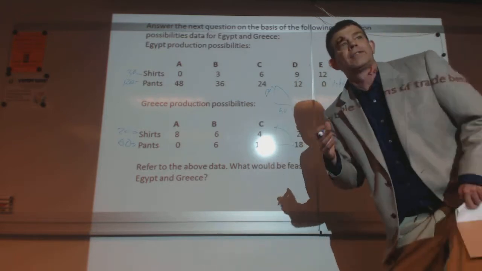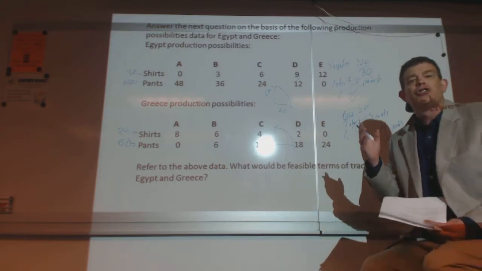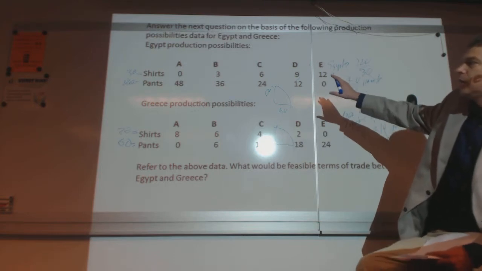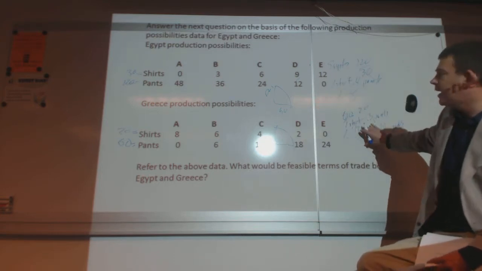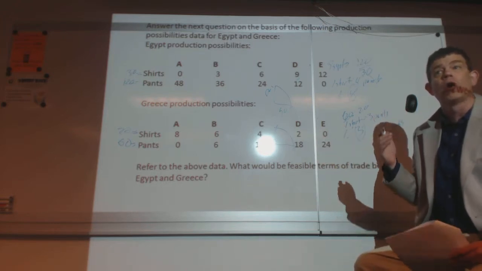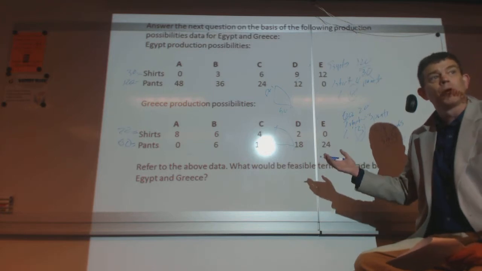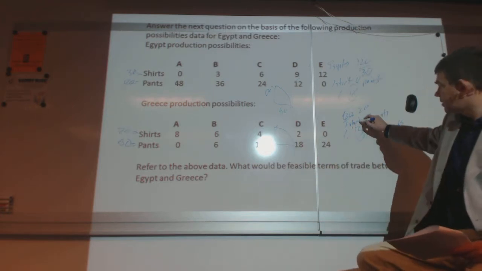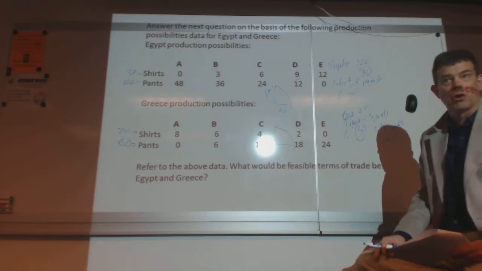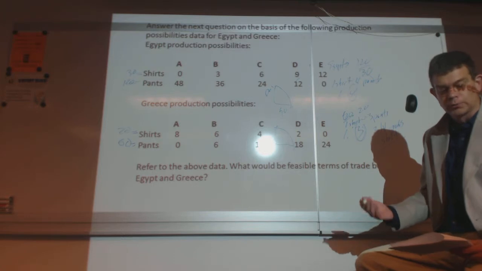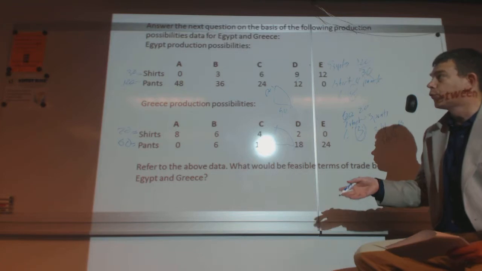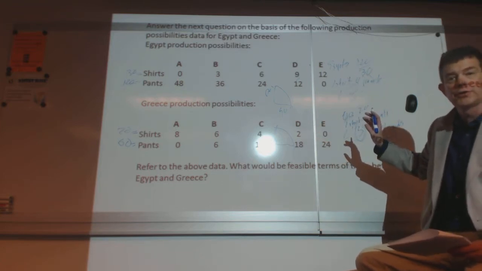What we're trying to figure out is what is a fair exchange between the two. The way you do that is you calculate the ratio between the two goods internally first. The favorable terms of trade are always between the limits, and in these cases, the limits are somewhere between 3 and 4 pants for every shirt. Those are equitable terms of trade. So all you do is add up your numbers first.